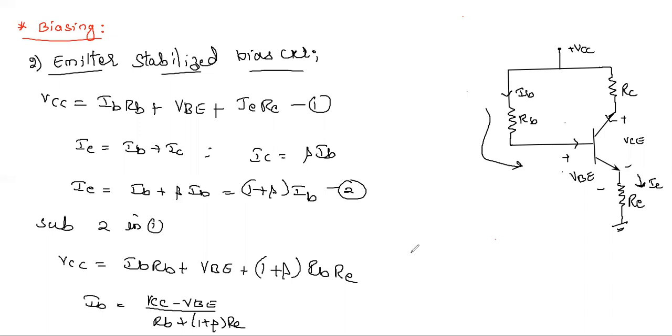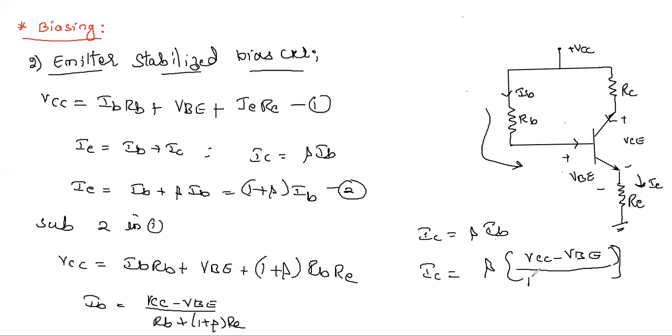So substitute over here. IC is equal to beta into VCC minus VBE divided by RB plus 1 plus beta into RE.